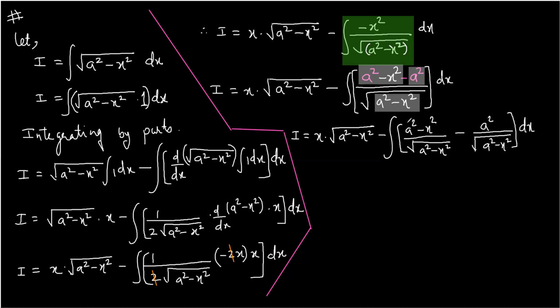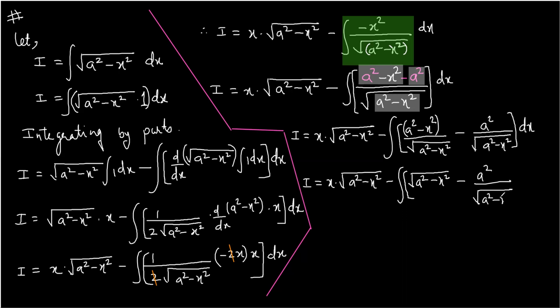So the next step I get is I equals x square root of a square minus x square minus, here we have a square minus x square divided by square root of a square minus x square, so we will be left with square root of a square minus x square, minus a square upon square root of a square minus x square dx.